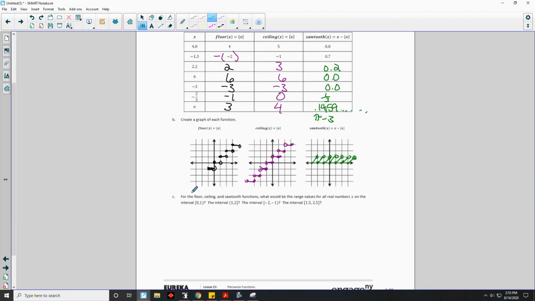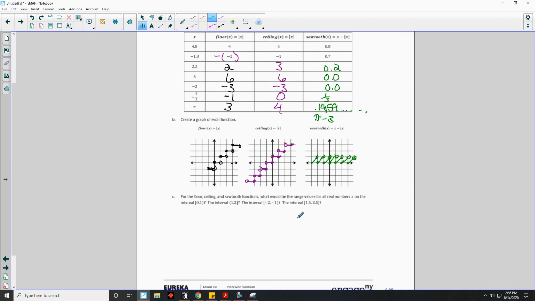Part C says, for the floor, ceiling, and sawtooth functions, what would be the range value for all real numbers x on the interval 0, including 1, the interval 1, not including 1, to 2, including 2, the interval including -2 over to -1 but not including it, and the interval 1.5 to 2.5 inclusive.